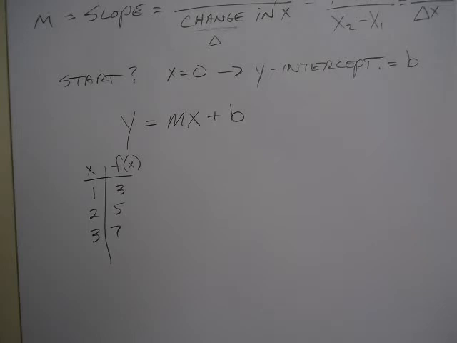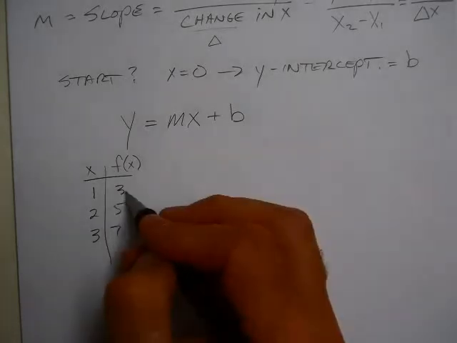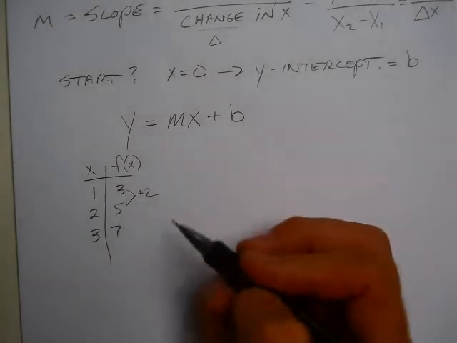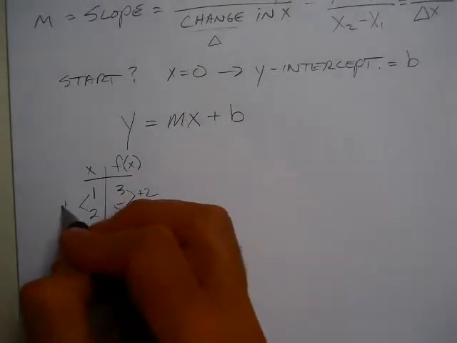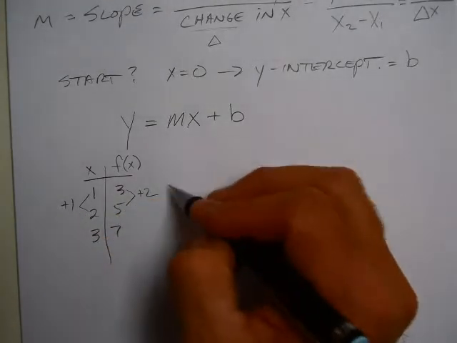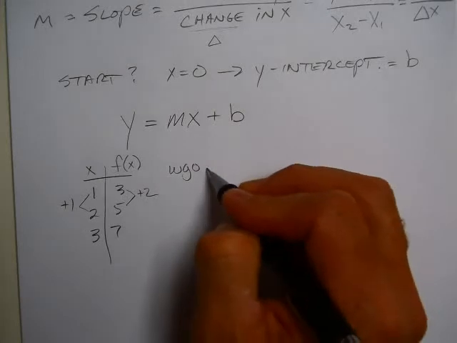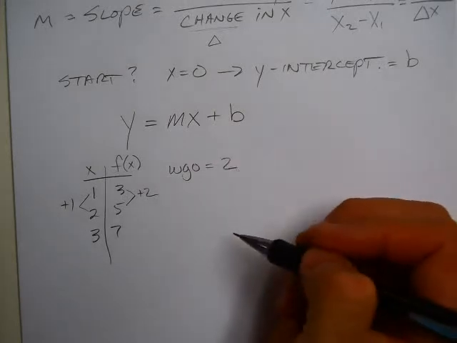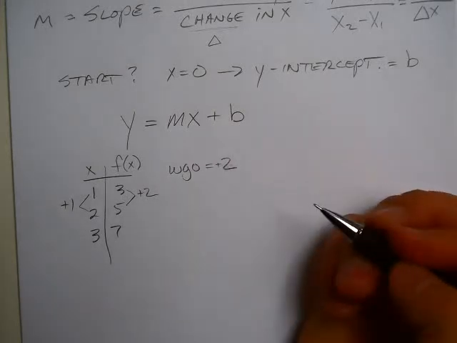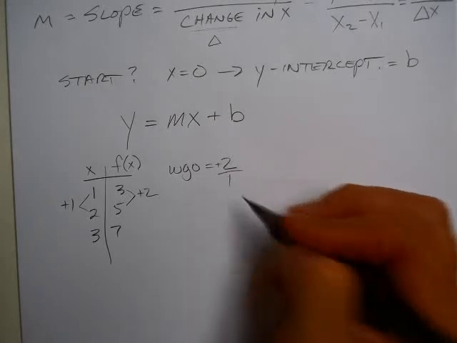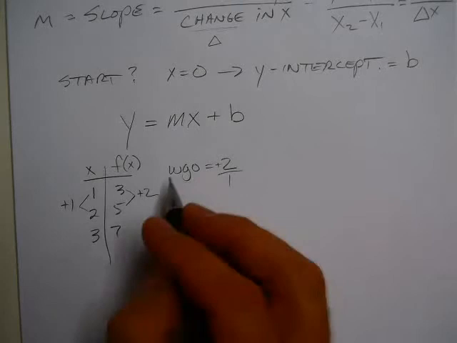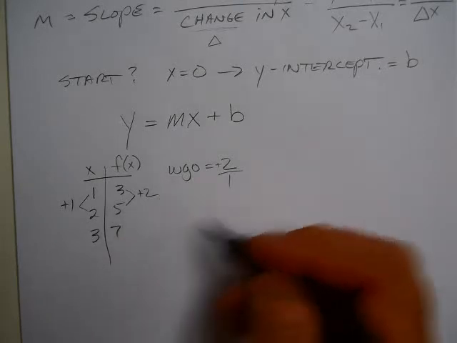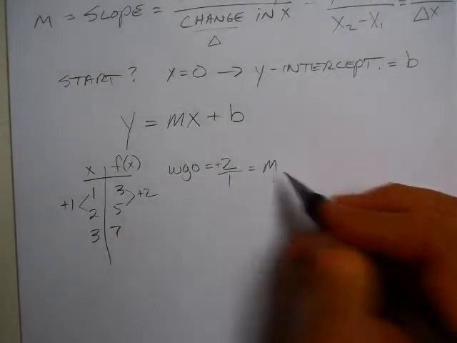Plus 2, right? When we change x by how much? Plus 1. So that what's going on is plus 2, technically over 1, but we don't really need to write the 1. In this case, we don't. And that's the slope.